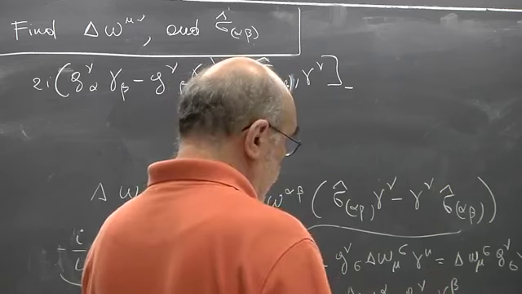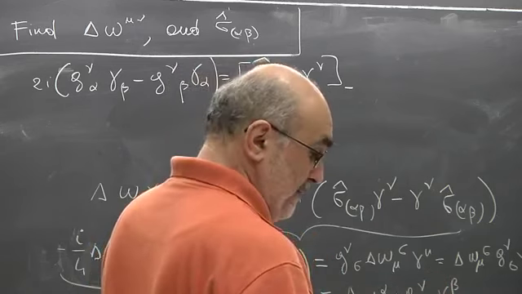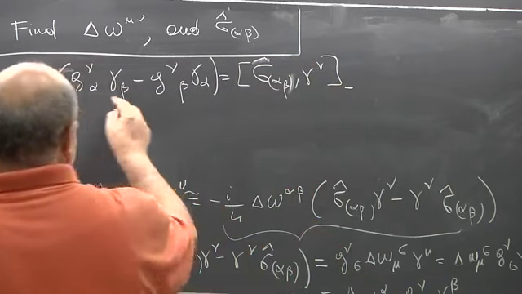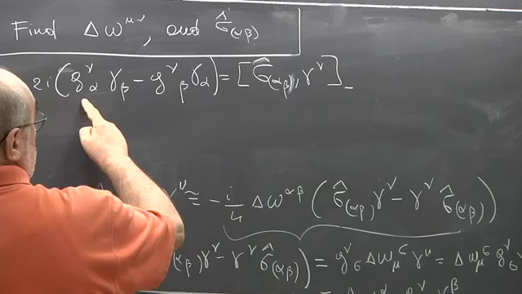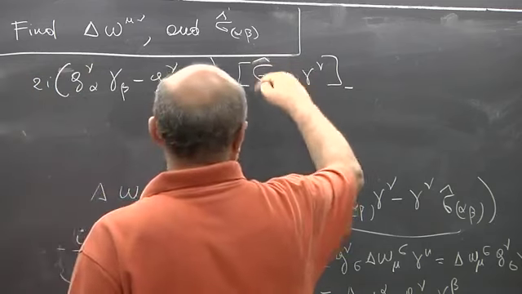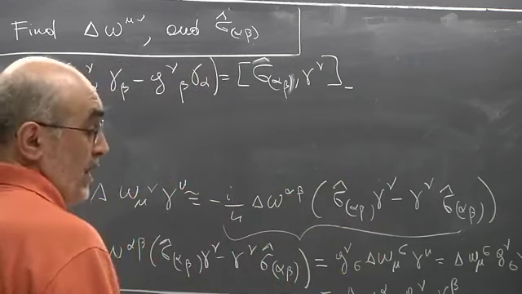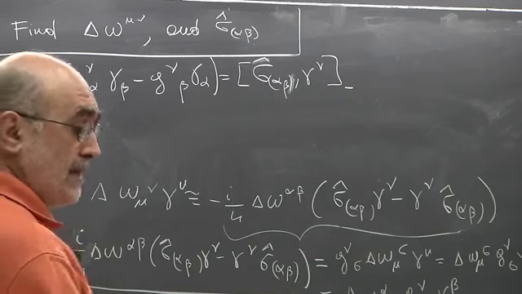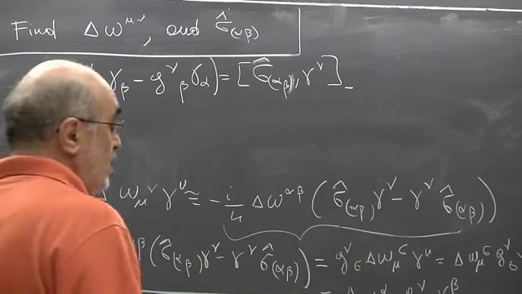So this is the relation that I have, and on the left-hand side, everything is known. These are the metric, this is the gamma. What is unknown is this. So I should solve this equation. It's not easy to solve, so I'll provide the solution, and then we check that it is the solution.